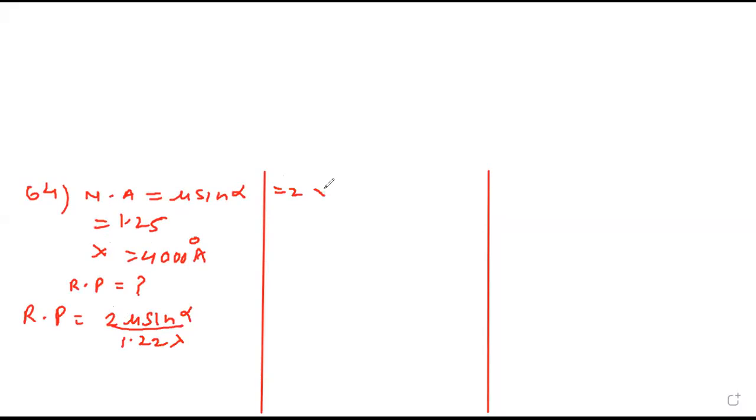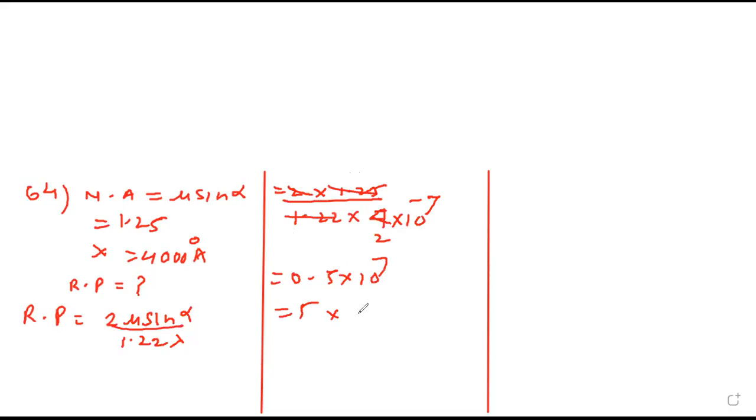That is 2 into 1.25 upon 1.22 into 4 into 10 raised to minus 7. Approximately you can cancel 2 into 2 by 4, so it is 0.5 into 10 raised to plus 7 or 5 into 10 raised to 6 per meter. That is close to option A.